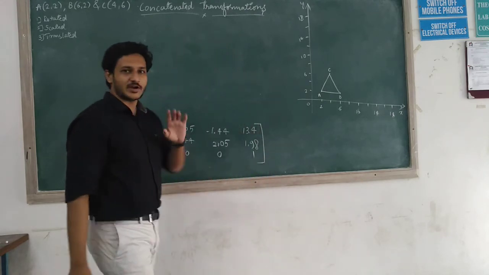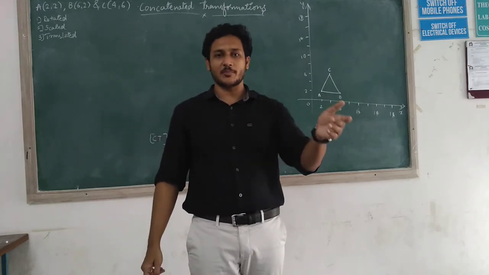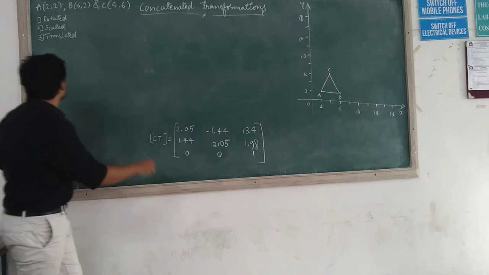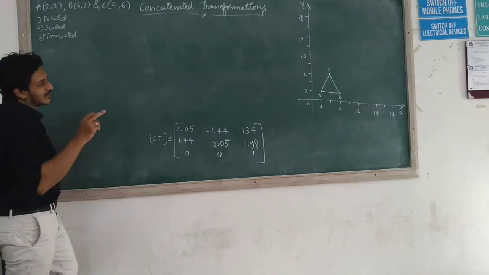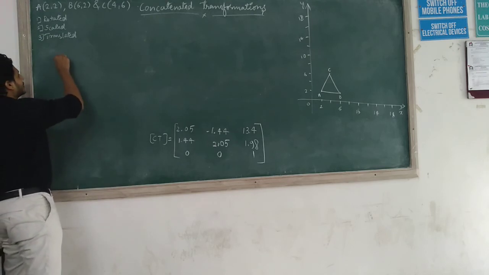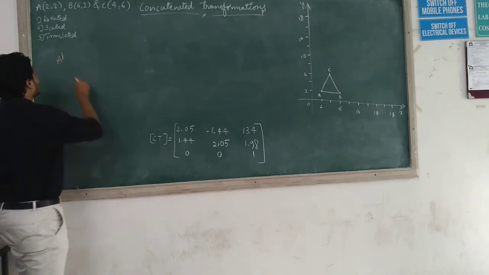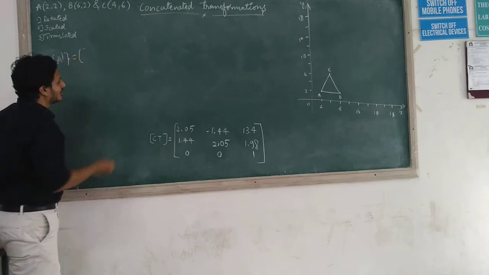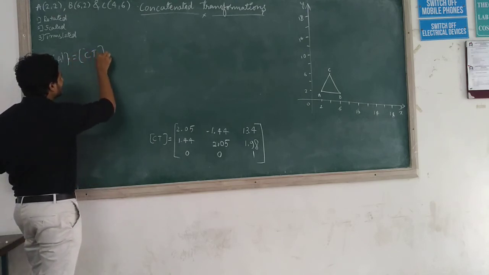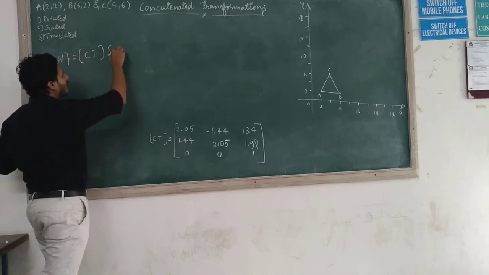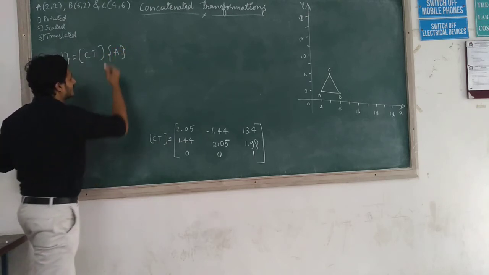So we have to find out the final position or transformed points of the triangle. The triangle ABC will become A dash, B dash and C dash. So A dash is equal to the concatenated transformation multiplied with the points before transforming.